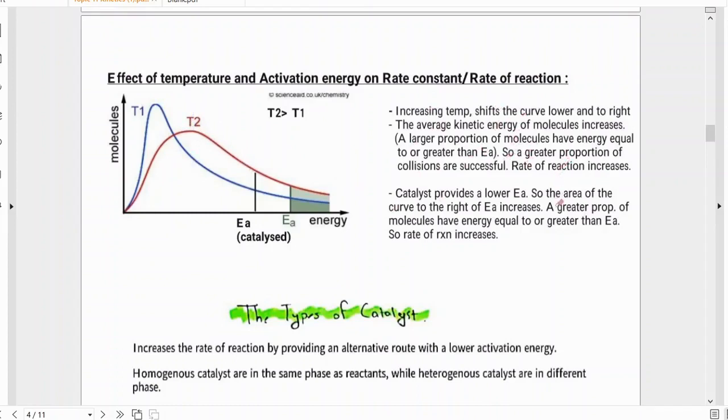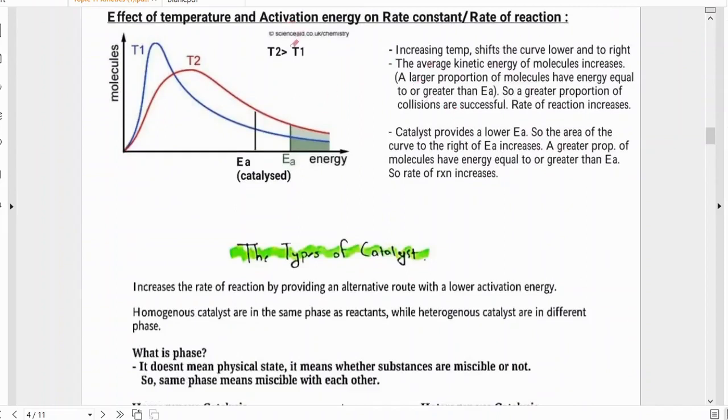Nothing difficult. You know most of these from AS, so have a go at this. Increasing the temperature shifts the Maxwell-Boltzmann distribution curve to the right and downward, so the area of molecules with energy equal to or above the activation energy increases.